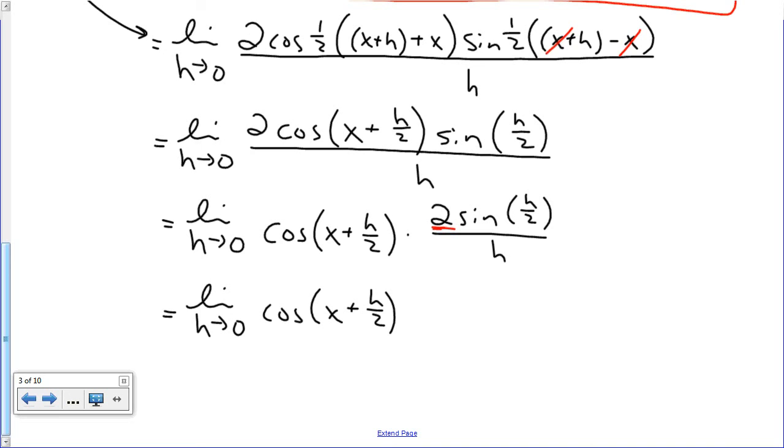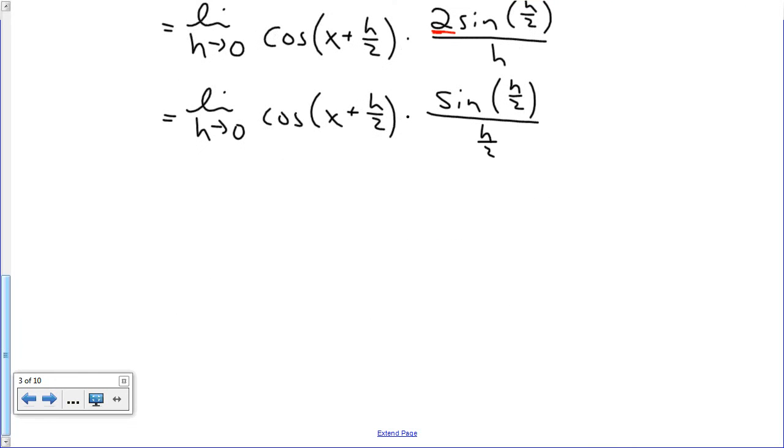Multiplying by 2 is the same as dividing by its reciprocal, dividing by 1/2. So I can rewrite this as the sine of h over 2 divided by h over 2. So all we did is move that 2 to the denominator. But you can see now I have the sine of one quantity, h over 2, divided by that same quantity.